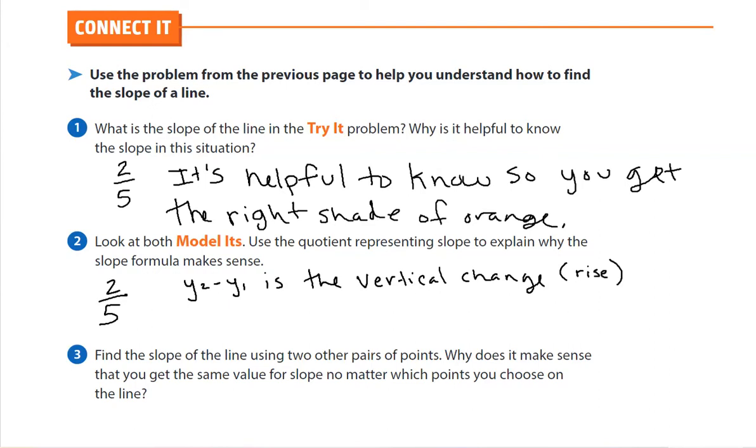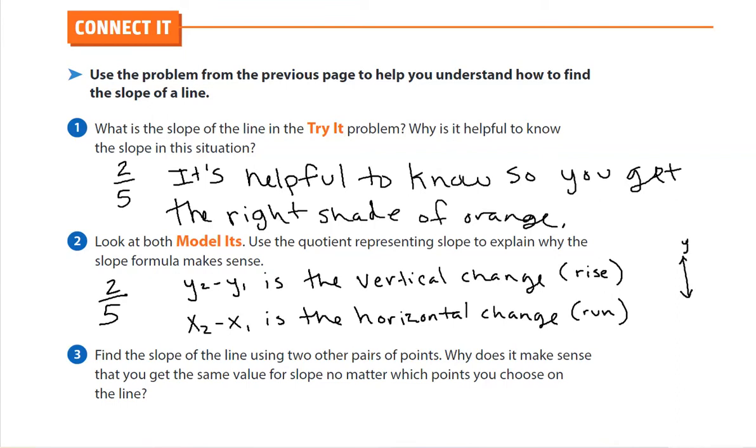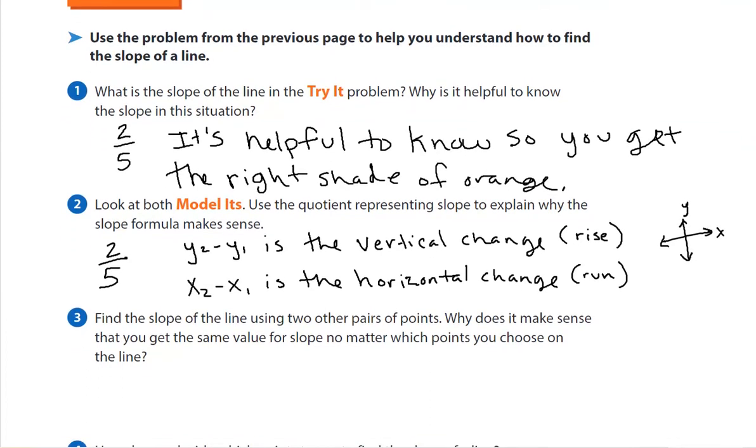There we go. x2 minus x1 is the horizontal change. That one's the run, for goodness sakes, because y is the vertical one and x is the horizontal axis. There you go. Get a little illustration in there to help you remember.